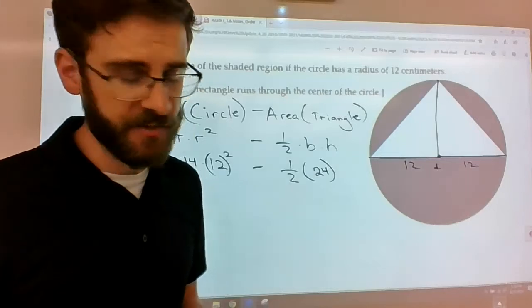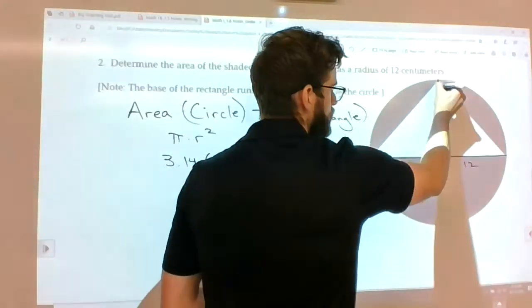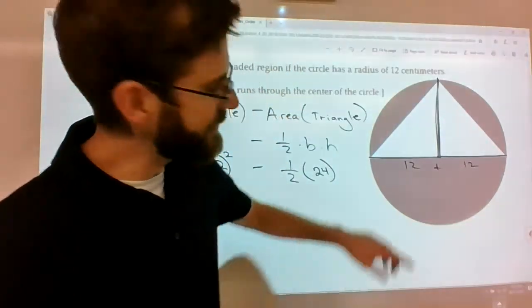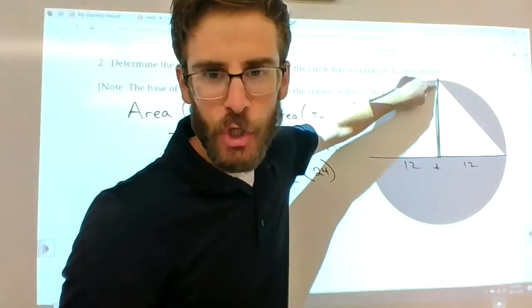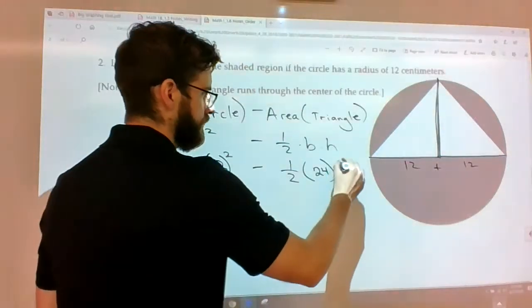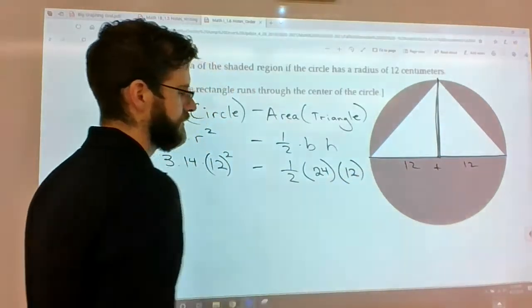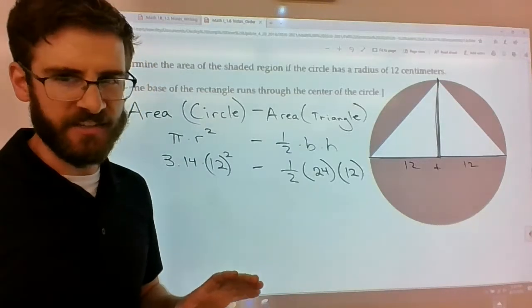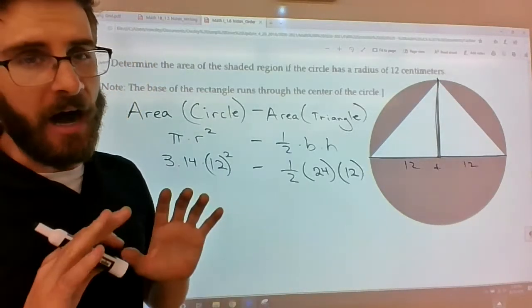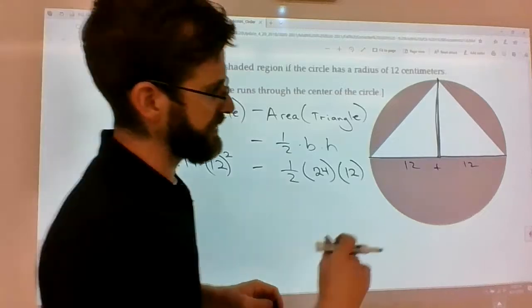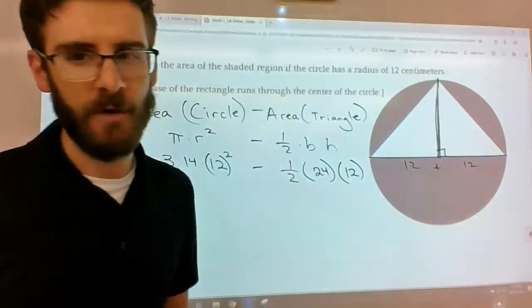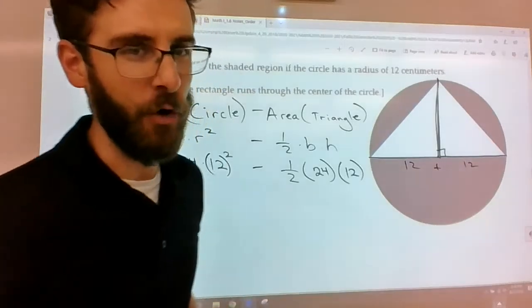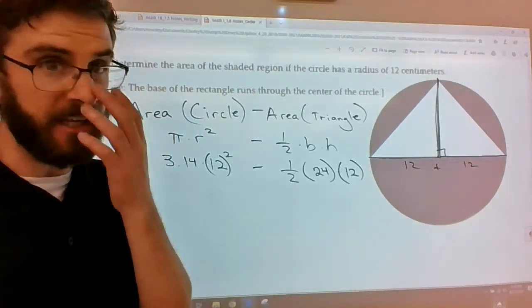The height in this case is another radius. It's also 12. All right. Hopefully you guys are making sense of that. By the way, I am operating under the assumption that this is a right angle. I probably kind of overlooked that a little bit, but it is a right angle.